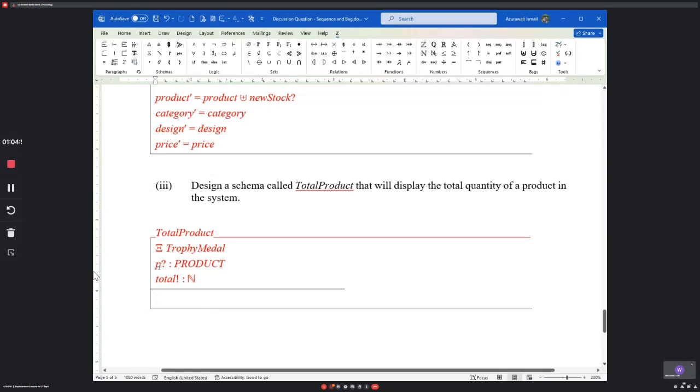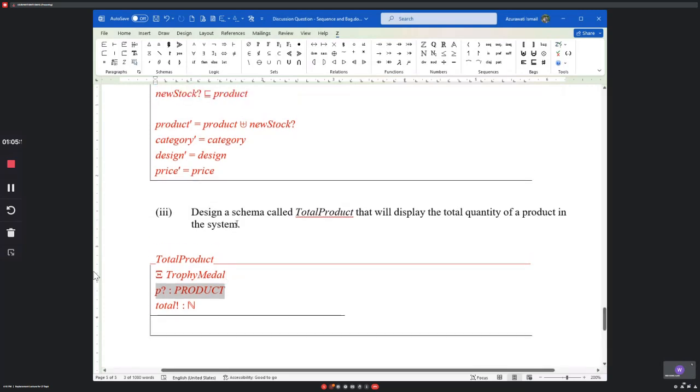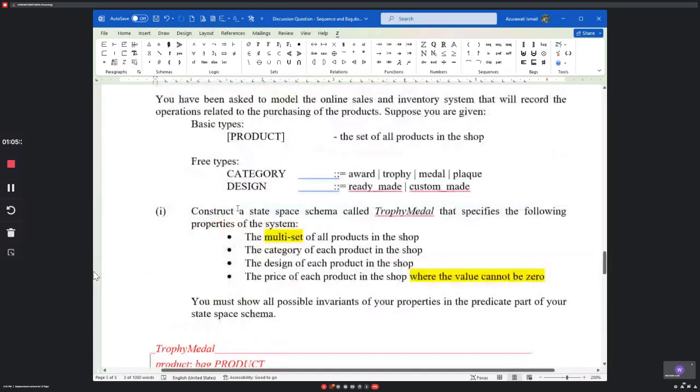When you have input, remember, every time you have input, most of the time make sure that you do checking. Then you can produce the output. First of all, if you want to produce the quantity, the product must exist in your database. So in this case, you have to check your state space.